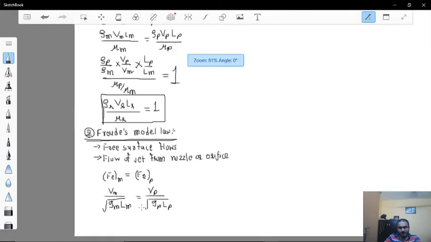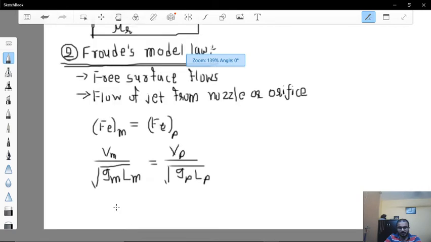So suppose both model and prototype are at the same place, then gravity will be same. So Vm upon square root of Lm is equal to Vp upon square root of Lp.